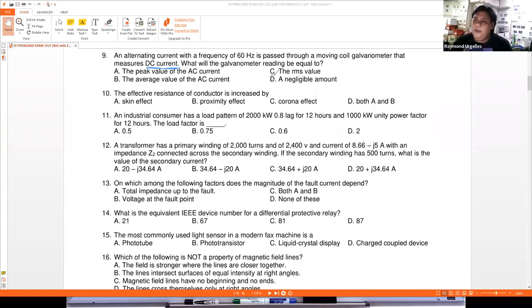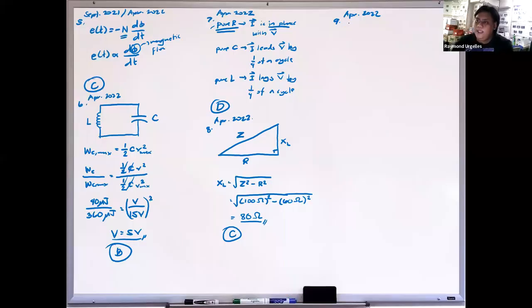Why negligible? Because this is an alternating current, so if there is an average value, it is a very small value, due to the harmonics in our current. So our answer should be negligible amount, not the average value. This is letter D.